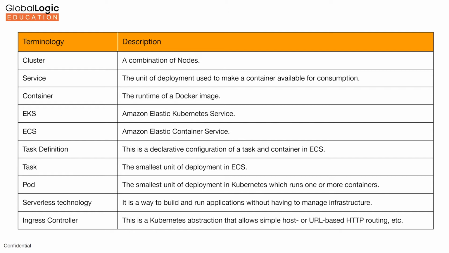For EKS, the minimum abstract unit for running an application is a pod that can contain multiple containers. For ECS, it's a task. It also supports running multiple containers, but it's a bit different from a pod, as EKS provides some features that are not covered by ECS.